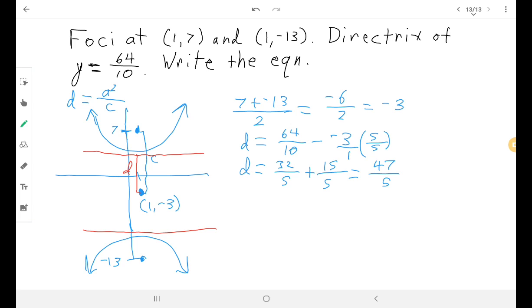So then what I know is that 47 over 5 has to equal a squared over c, and I can sort of count my c distance. It's 10, right? From -3 up to 0 is 3, and then up to 7 is another 7, so that's 10.